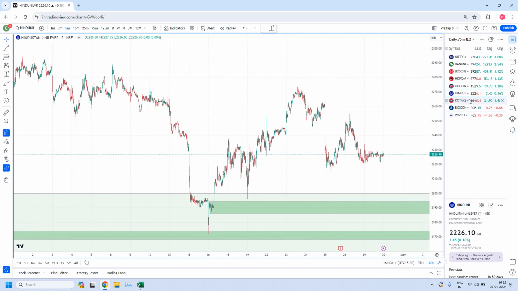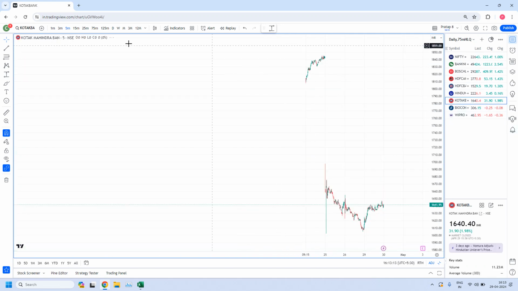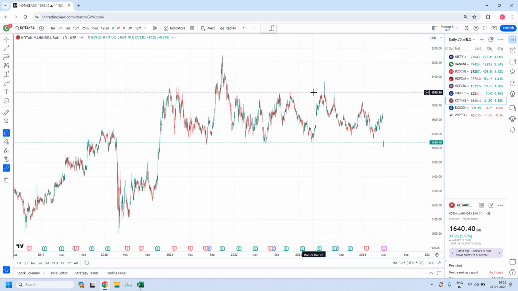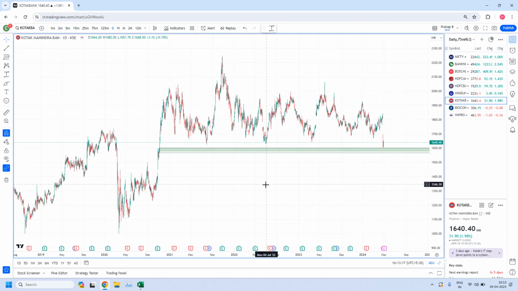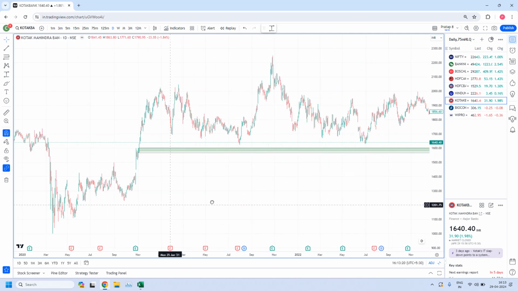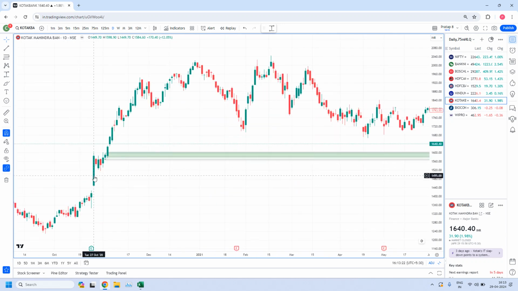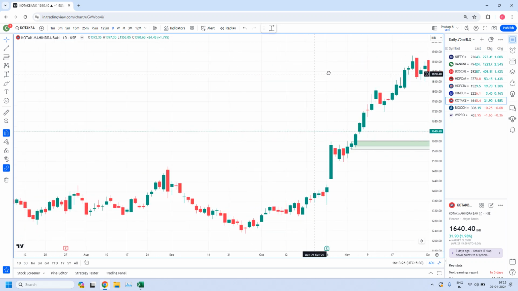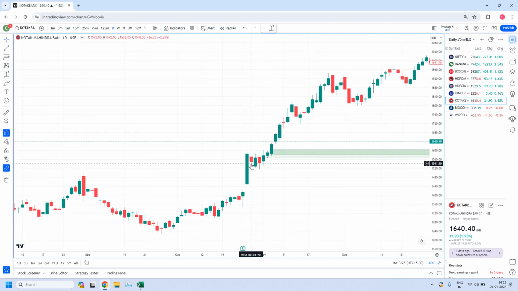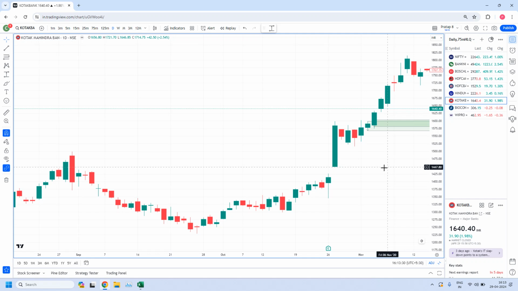And next one is Kotak Bank. This is also a daily high liquidity zone. And when was this zone created? In the year 2020. 2020 means even 15 minutes data is not available here. We have a rally, base, rally.